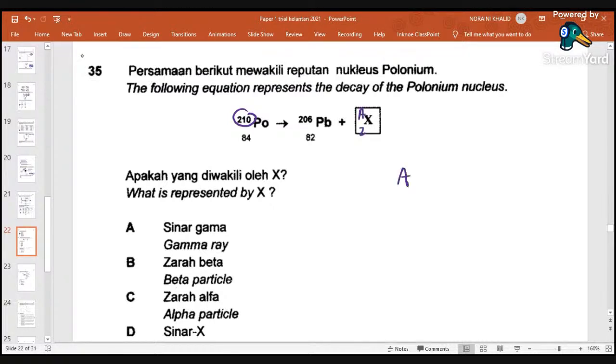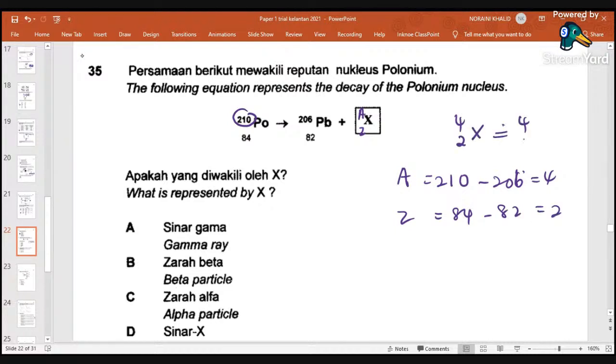A is equal to 210 minus 216. Z equals 84 minus 82. So X is equal to 4 2 He, which is alpha. Alpha.